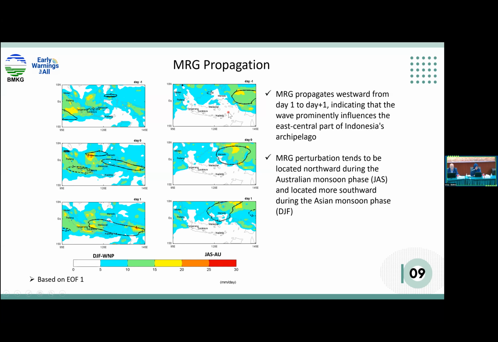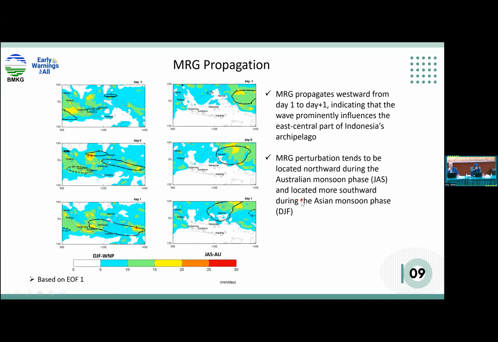But during the boreal summer, the perturbation is concentrated in the northern part of Indonesia, like the northern part of the Papua islands, and it goes to the west and gives an impact in the Philippines on day one.